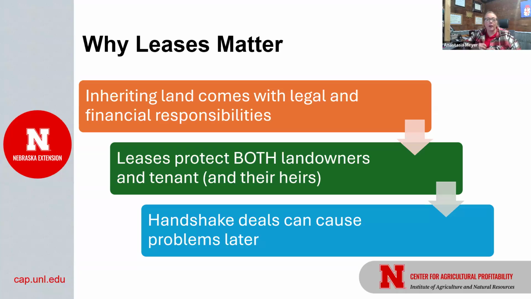This is why we are really pushing everyone to get a written lease, because we know that land is transitioning rapidly in the last few years and will continue to do so. How do we protect ourselves and our heirs when that happens? We know that handshake deals can cause problems later on.